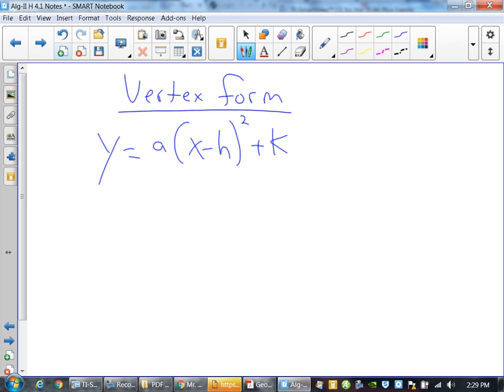What's nice about this form is that it is ridiculously quick to graph from. There is really not a lot of work involved, because right from here, you know what your vertex is. Your vertex, in this case, is h and k. Your axis of symmetry is x equals h.